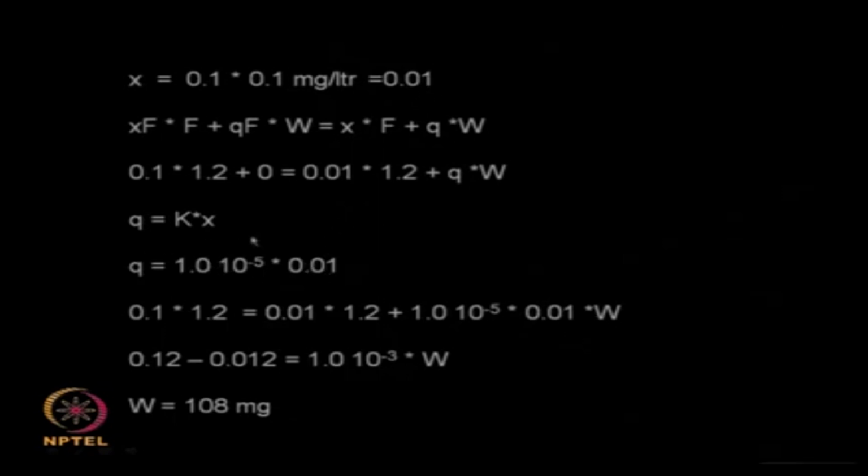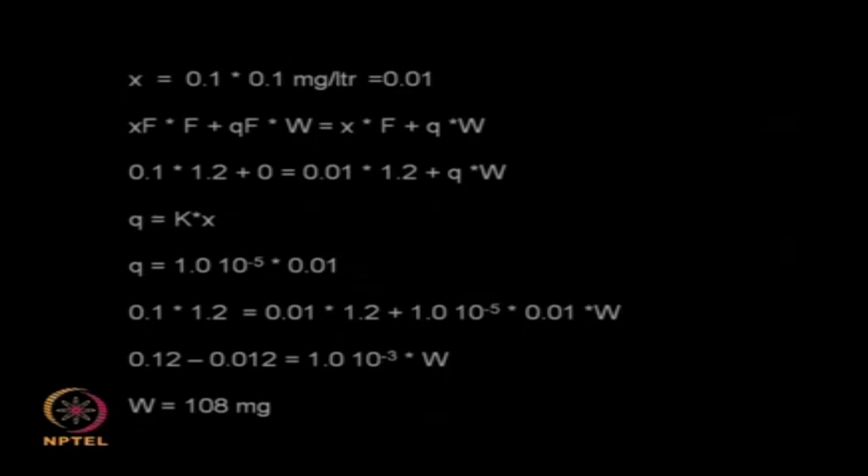You can substitute this term in. All you do not know is W, the quantity of adsorbent required to adsorb 90% of the solute in the feed. That gives you 108 milligrams as W. So, W is equal to 108 milligrams.